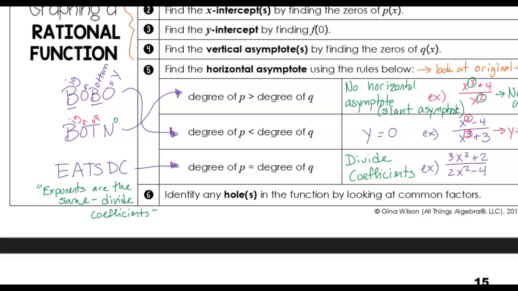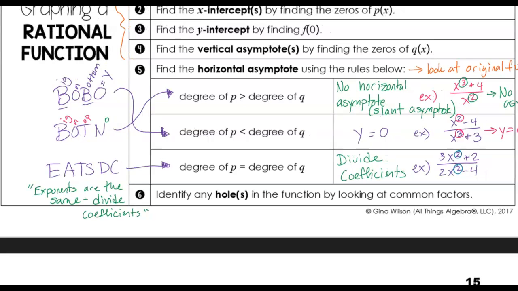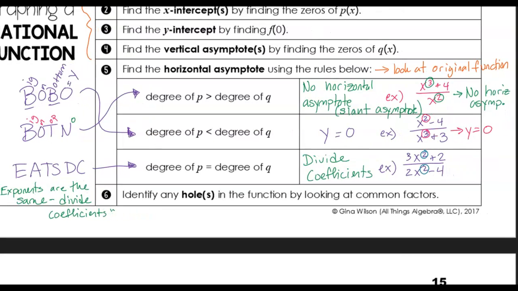Notice I'm looking at my leading term's exponent, or the degree of the polynomial. I have a 2 as the exponent on top and a 2 as the exponent on the bottom. These exponents are the same, meaning I take the coefficients on the leading terms and I divide them to find my horizontal asymptote. So here, the coefficient on the numerator is 3, and the coefficient on the denominator is 2. Therefore, I have a horizontal asymptote at 3/2. That's 1.5, in between 1 and 2, right?